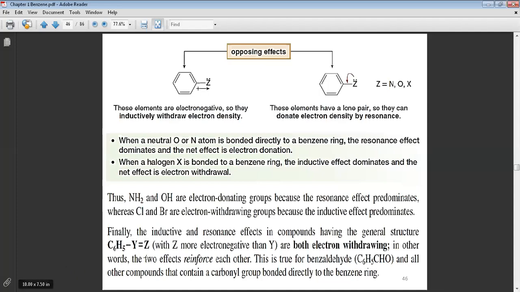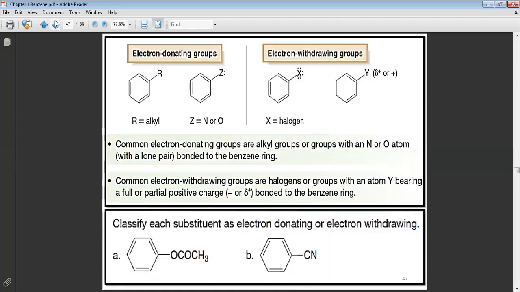In other words, the two effects reinforce each other. By resonance or by inductive, both are withdrawing. Reinforce means one helps the other. The inductive pulls and the resonance also pulls. This is the meaning of the two effects reinforcing each other: both are partially positive, so both work and both are withdrawing.